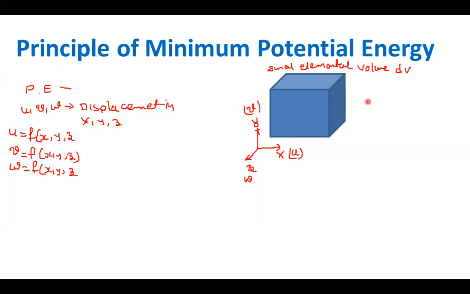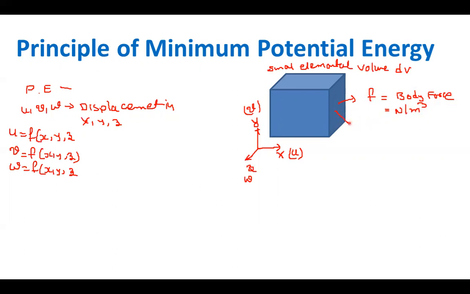Similarly, let us assume that a small f is acting on this. Small f is called the body force, which is nothing but force per unit volume. That is in Newton per meter cube or mm cube.